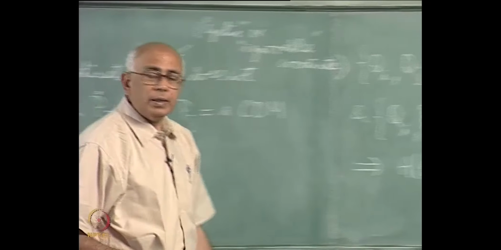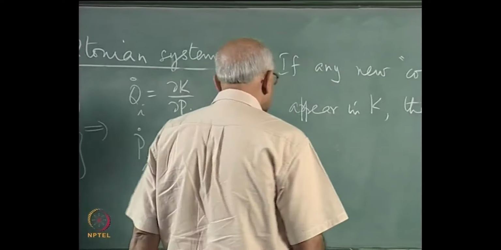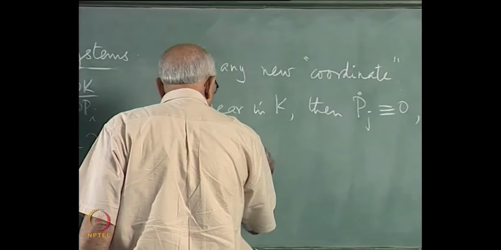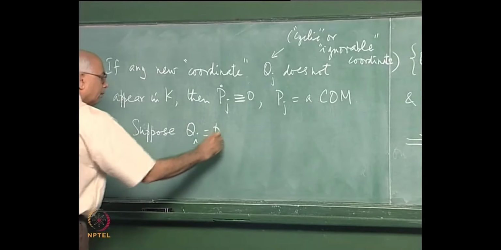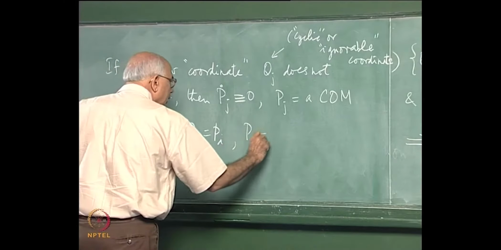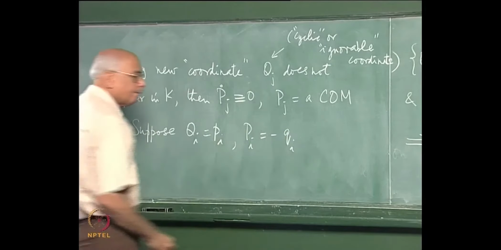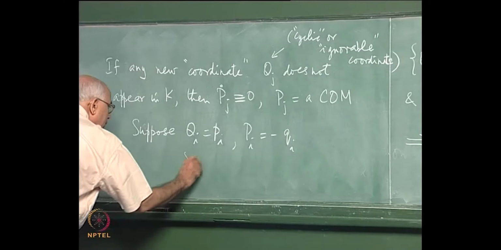Before I do that, here's a simple example of a canonical transformation which always works. Suppose Qi is just Pi, and Pi is minus Qi. I simply call these by new labels. What happens to this?